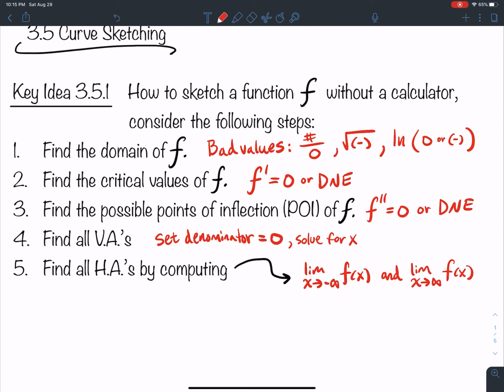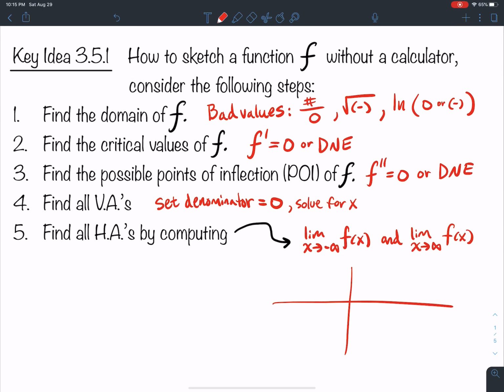of f of x. If you think about horizontal asymptotes, this is what happens to the function as we go out to infinity, right? As x approaches infinity, maybe we have some horizontal asymptote here. And not only do you care about this way, but you also care about the left-hand side as x goes to negative infinity.